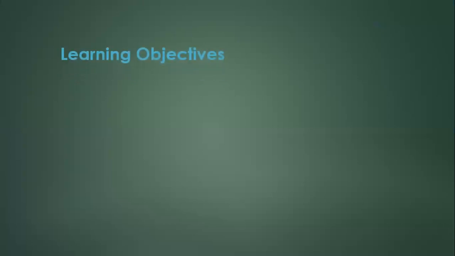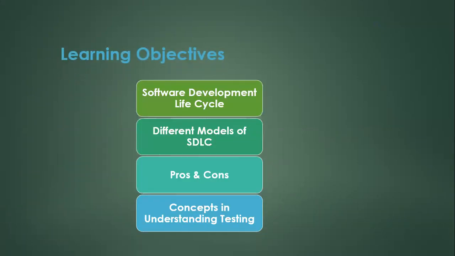What are we going to learn today? The first phase of our learning today, we are talking about software development life cycle. We call it SDLC, software development life cycle. Also, we're going to talk about different models of SDLC.